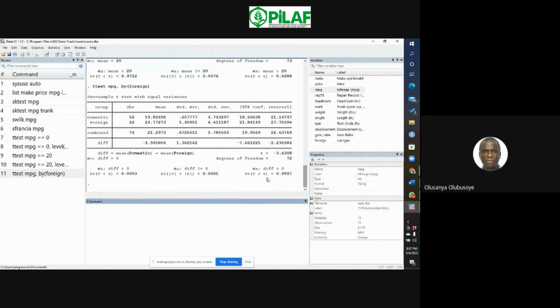So we can notice that they are not the same, because if you compare this with your alpha level, you are going to reject the null hypothesis. It is even clearer here that they are not the same, and the domestic is smaller than the foreign.